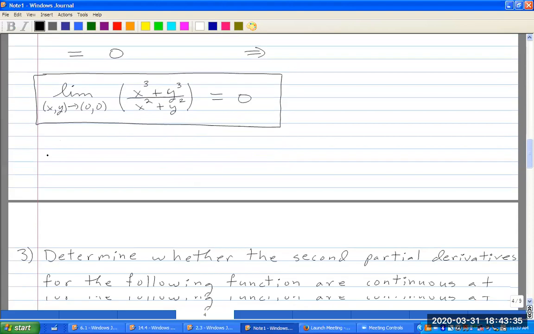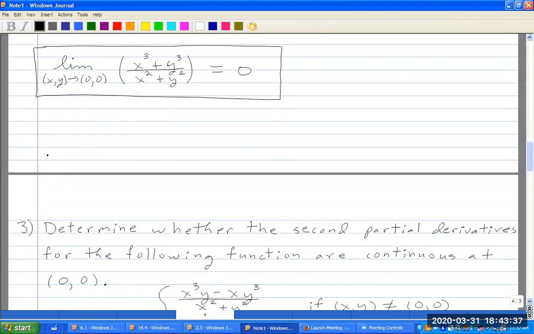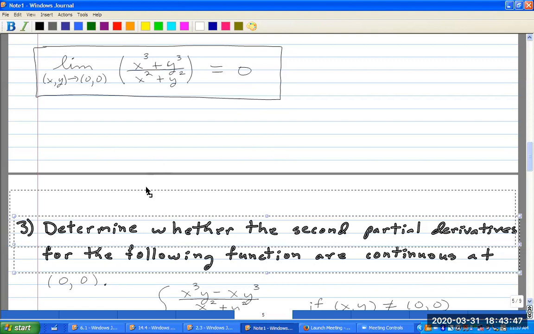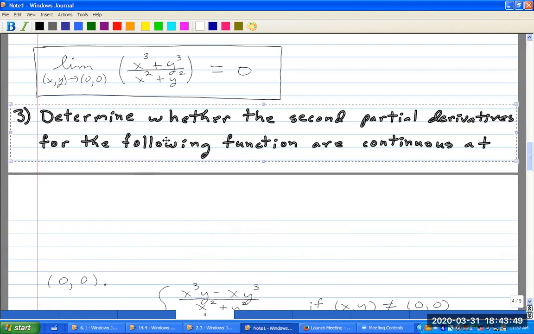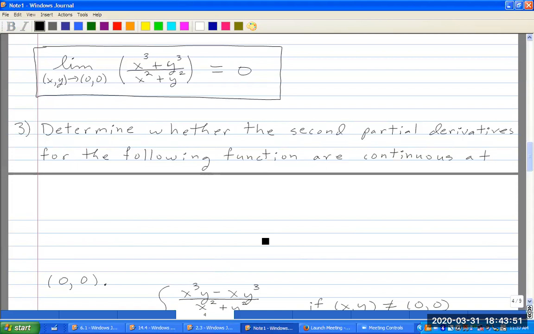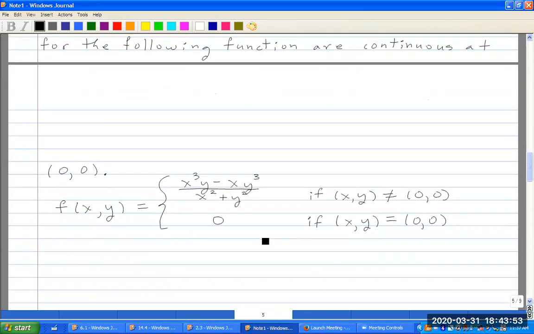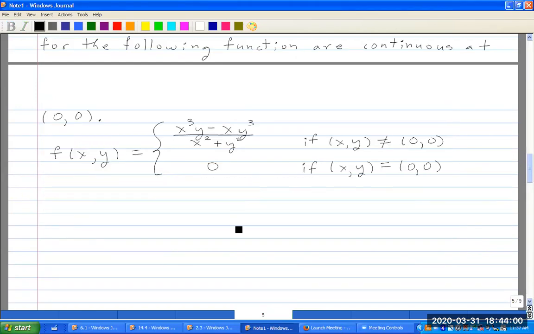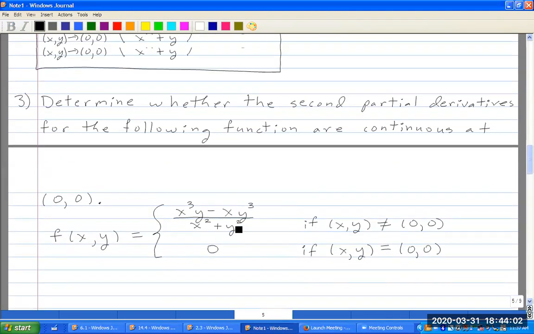Okay. So let's do problem number 3. It says, determine whether the second partial derivatives for the following function are continuous at the origin.